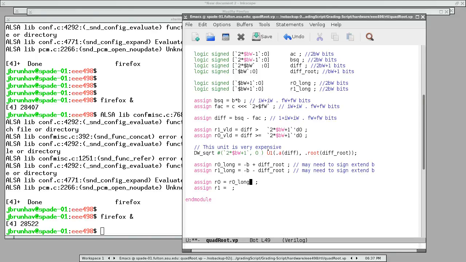R0 long, and then we want to grab BW minus 1 colon 0. And we want to do the same for R1 long.